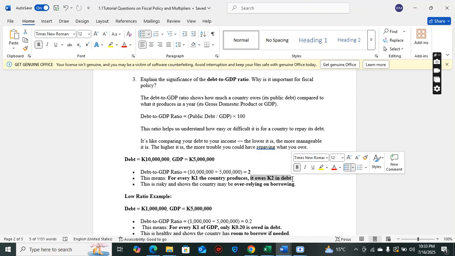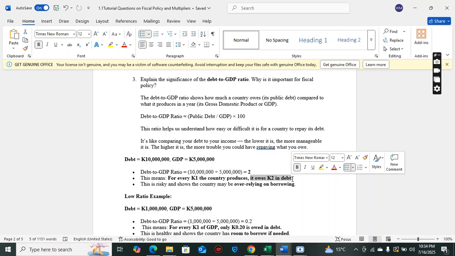So a high debt to GDP ratio is not good because it means you are owing more than the value of what you produce. You want values of at least 0 point something.